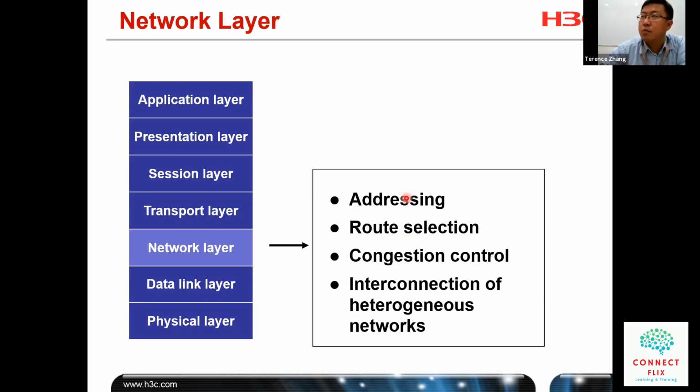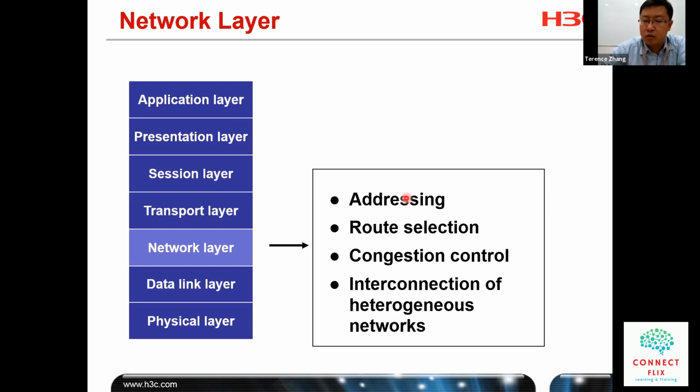It's just like our real address in our daily life. If someone wants to find you, or someone wants to send you some parcel or package, they need to know your address, right? They need to have your postal code. They need to have your actual address, which country, which province, which city, and which block you're living at. So this thing in the computer network is called logical addressing.